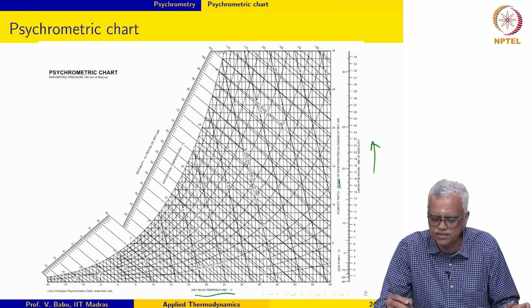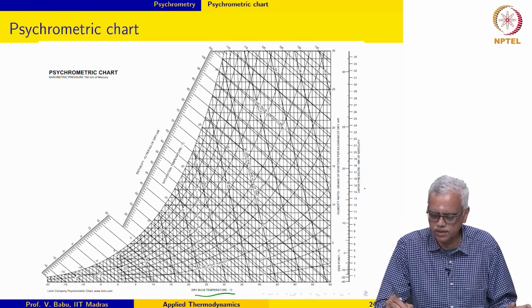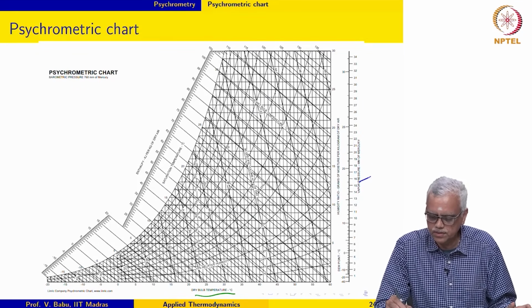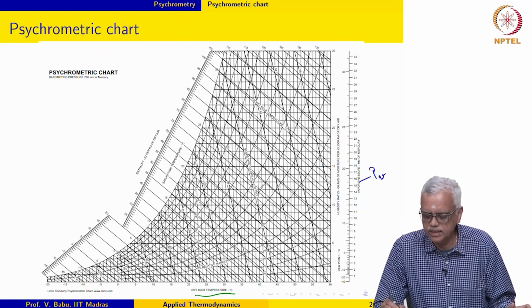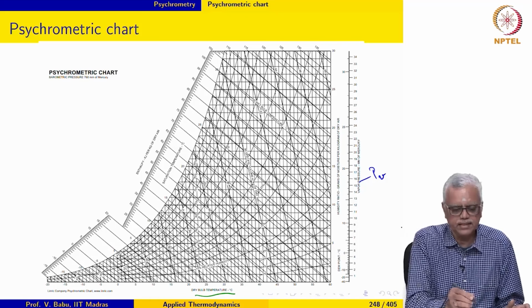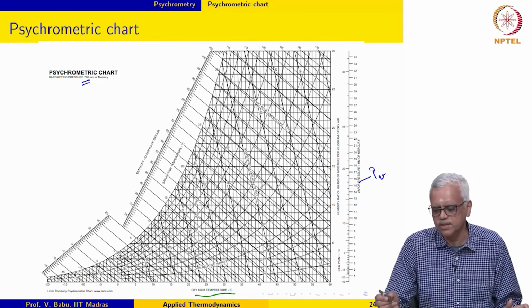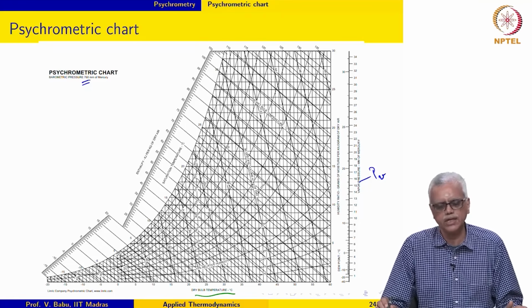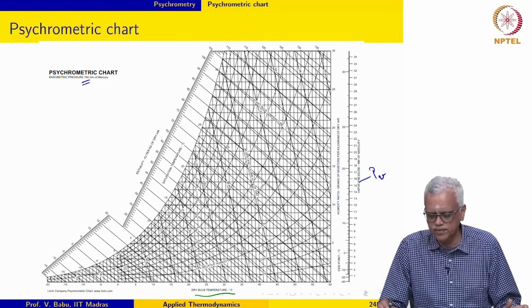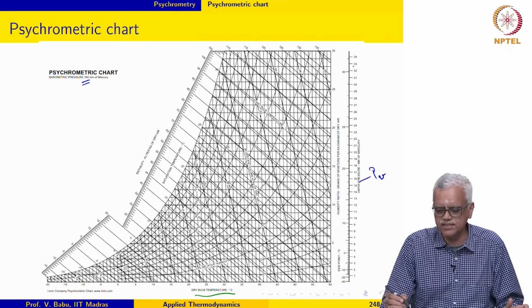So, let me just erase this. So, what is shown here, this is PV, but instead of showing it in kilopascal, this is shown in millimeters of mercury and the reference value 760 millimeters of mercury for barometric pressure is given there. So, this can be easily converted into units of kilopascal. So, PV depends only on omega, since omega is the vertical axis, PV axis is also vertical.